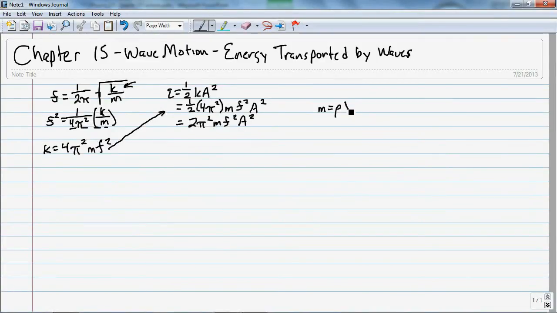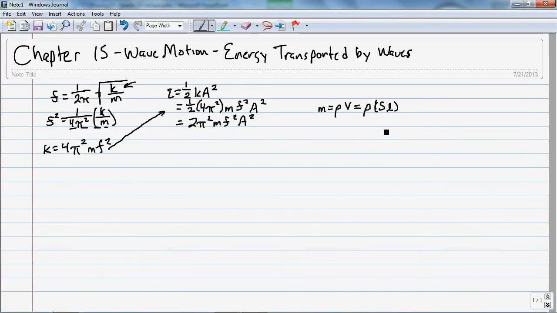So let's do density times volume, which is just density times my cross-sectional surface area, times the distance or the length for that box.